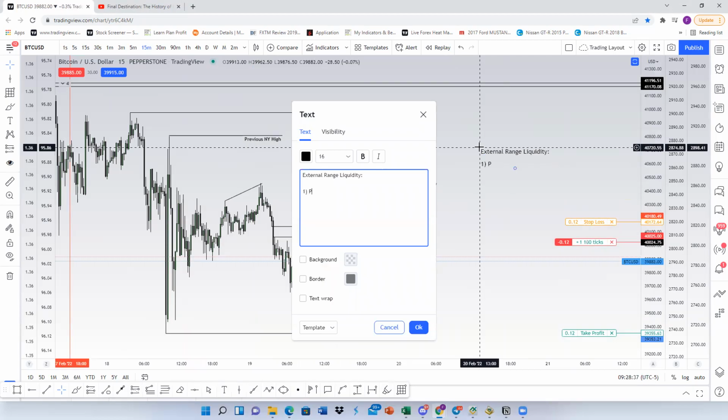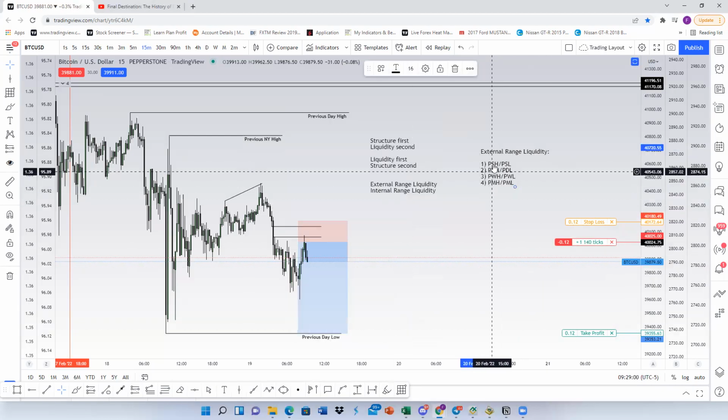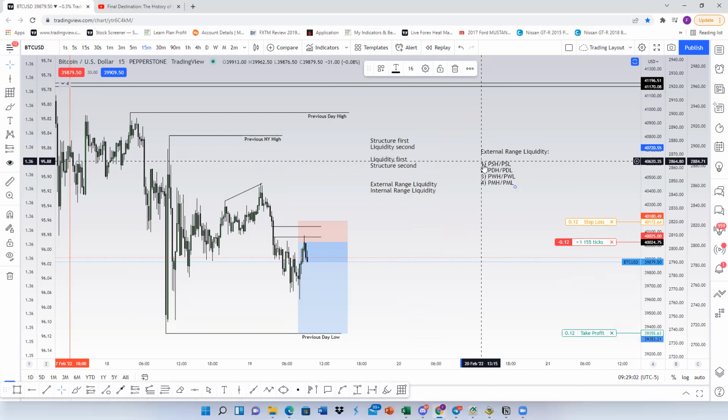The order of things is like this: previous session high, previous session low, previous day high, previous day low, previous week high, previous week low, previous month high, previous month low. Okay, all of these are your external range liquidity pools.